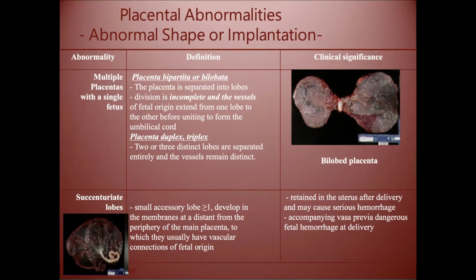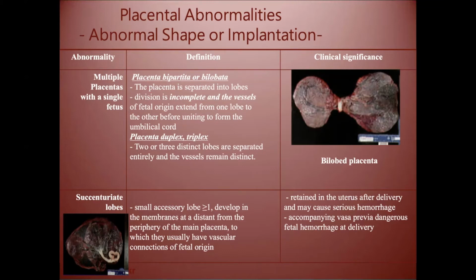A biparietate placenta in one pregnancy may be followed by greater than expected frequency of biparietate placenta in the next pregnancy. This raises the possibility that some multi-lobe placentas have genetic origin. The umbilical cord most often inserts into the membranes between the 2 lobes of a biparietate placenta, but in about 1/3 of cases, it inserts into the larger of the 2 lobes.